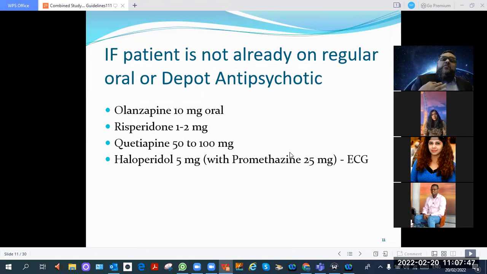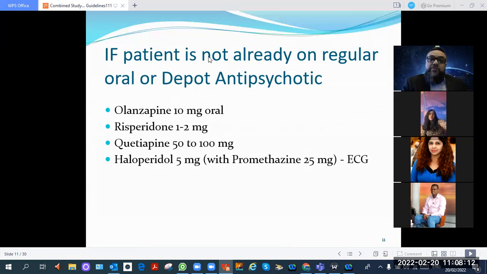And I would add, if the patient is not on a maximum daily dose of regular oral or depot antipsychotic, or if the depot antipsychotic is not the maximum weekly dose, then you have some room to use the rapid tranquilization to some extent.